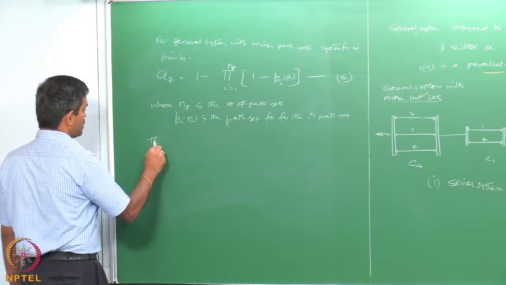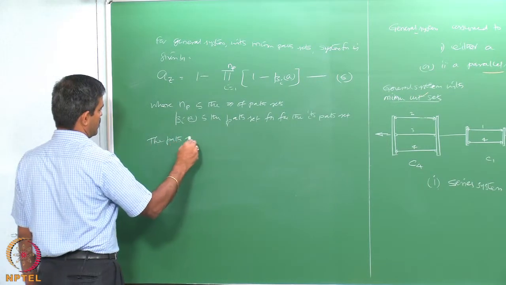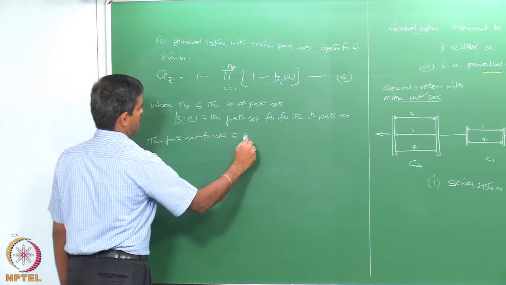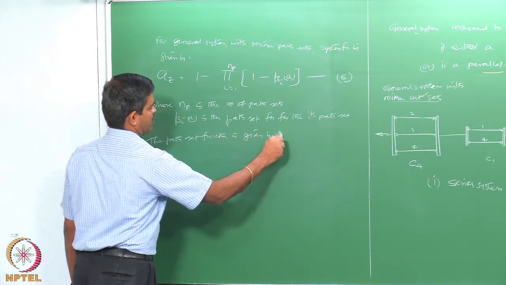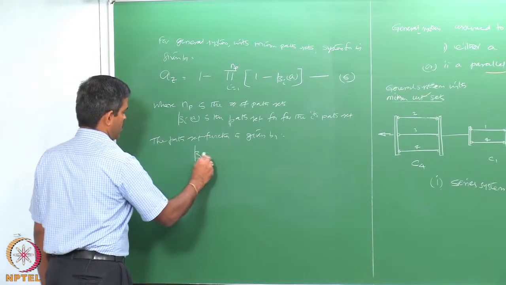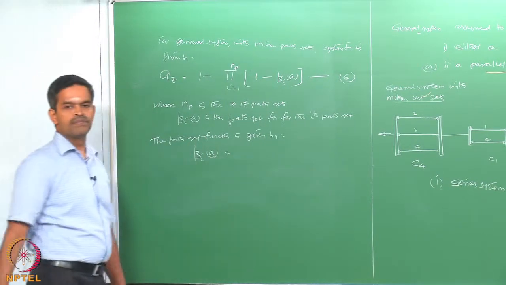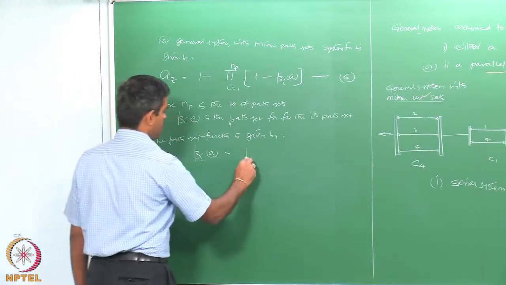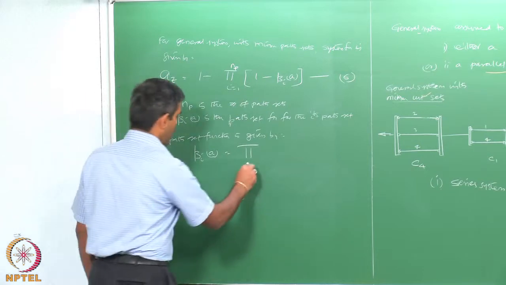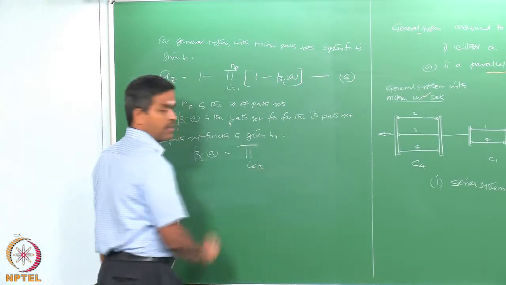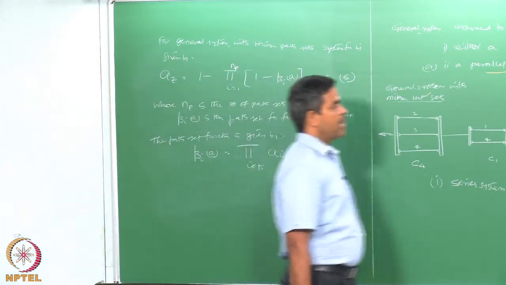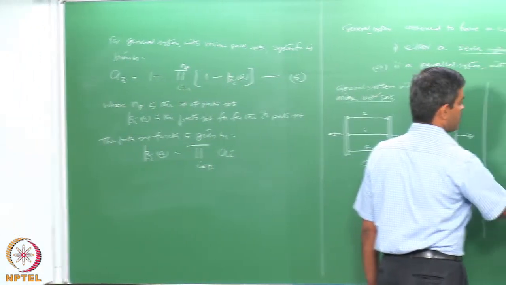The path set function is given by beta i of A is pi, i element of P i, of A, because in parallel system and path sets all will remain in series.